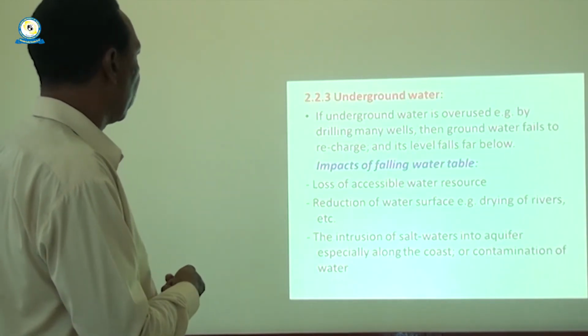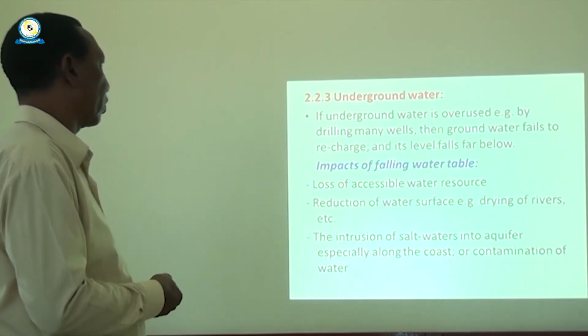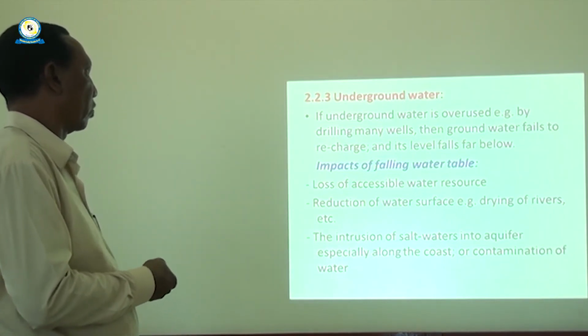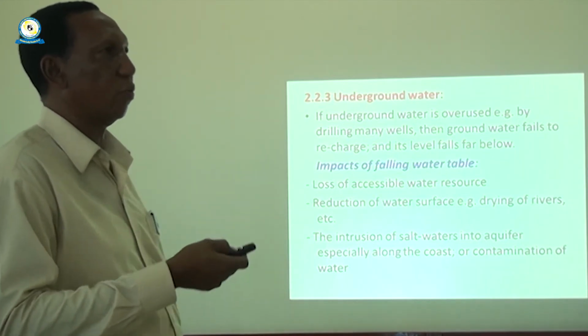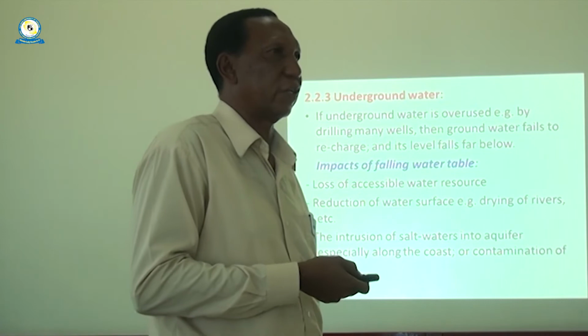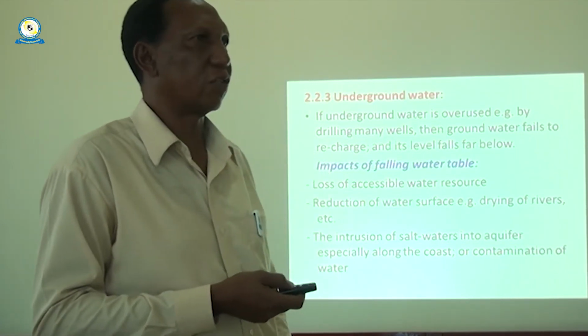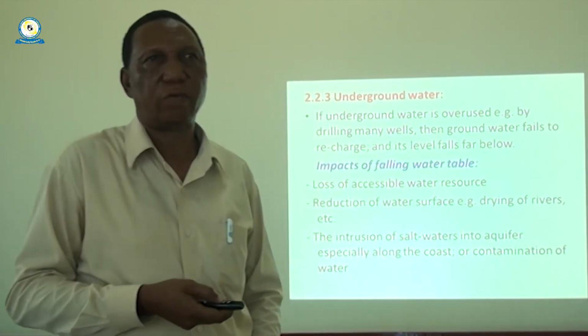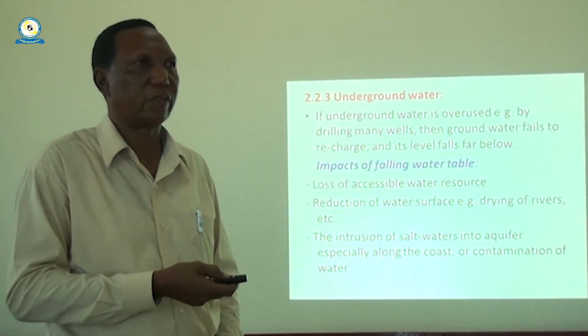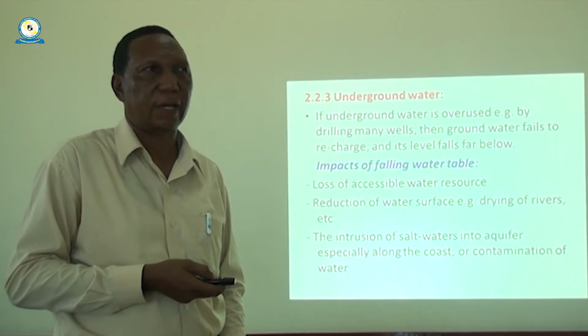Another source is underground water. Underground water is overused. Underground water is actually a reserve which accumulated over centuries and centuries. This is due to water percolating down the earth. Then you have water collections in the aquifer.